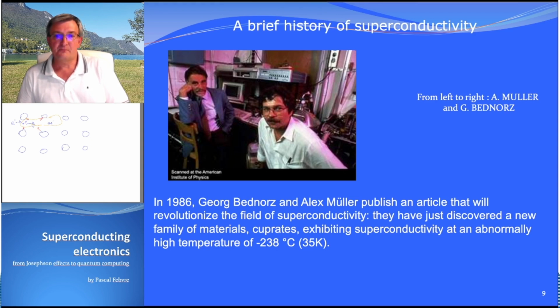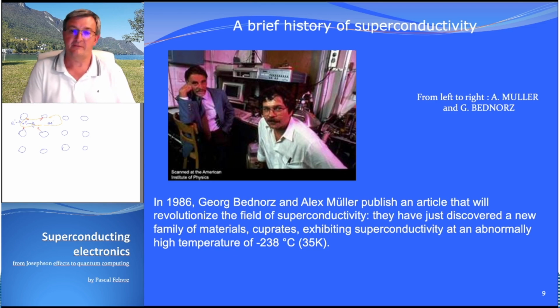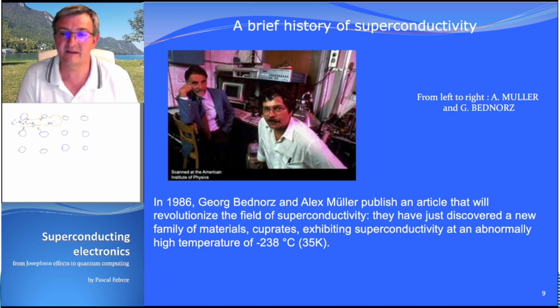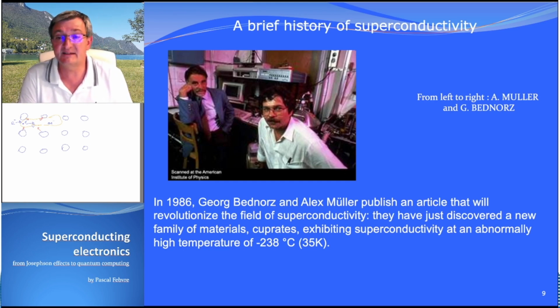So some people left the field because they didn't see any applications at these temperatures. But by surprise, as often happens in science, in 1986 Bednorz and Müller published an article that caused a rebirth of superconductivity, and it's still active since then.